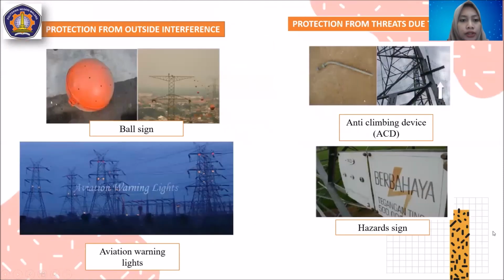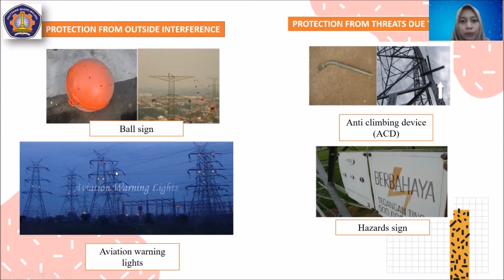And then protection from outside interference, that is bullseye. Bullseye is a component that serves to give a signal to airplane pilots and warn about the existence of the SUTT or SUTET transmission line. And then aviation warning lights.